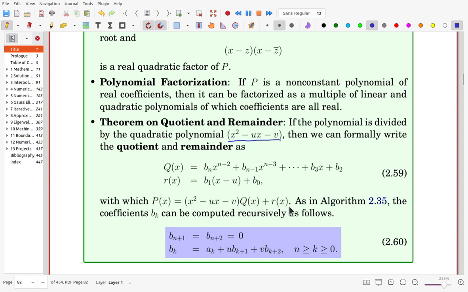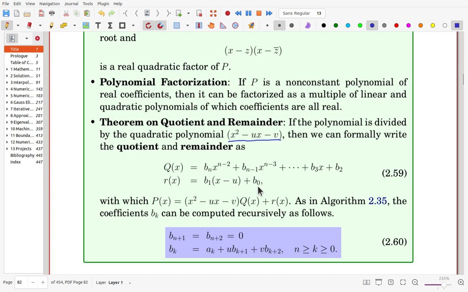Here, this is the quotient whose degree is n minus 2. We formally write it in this way. And now the remainder term must be linear. Rather than ax plus b, we write it in this way.